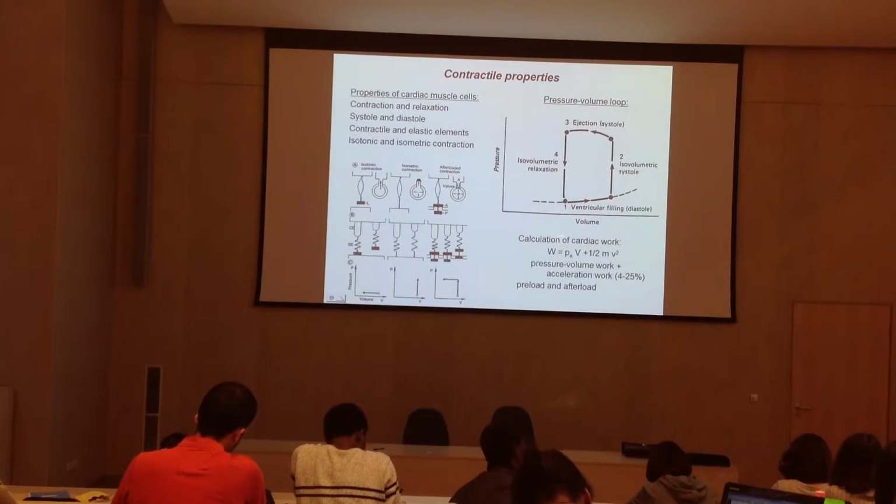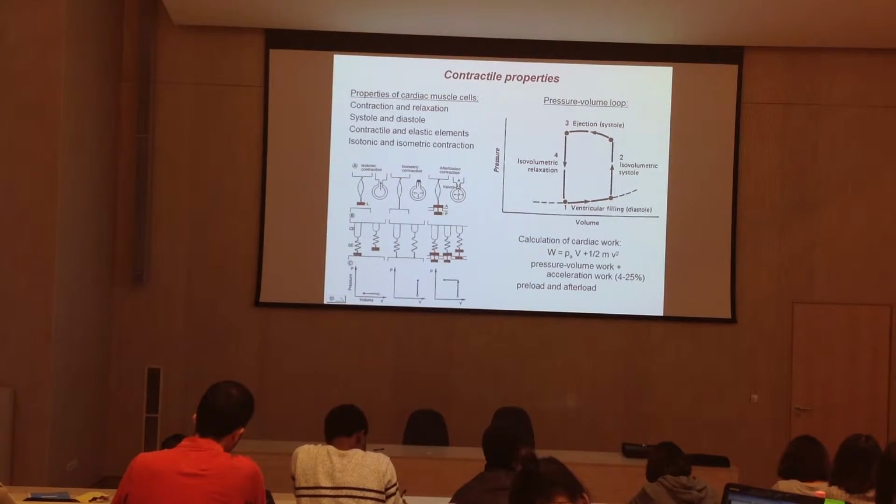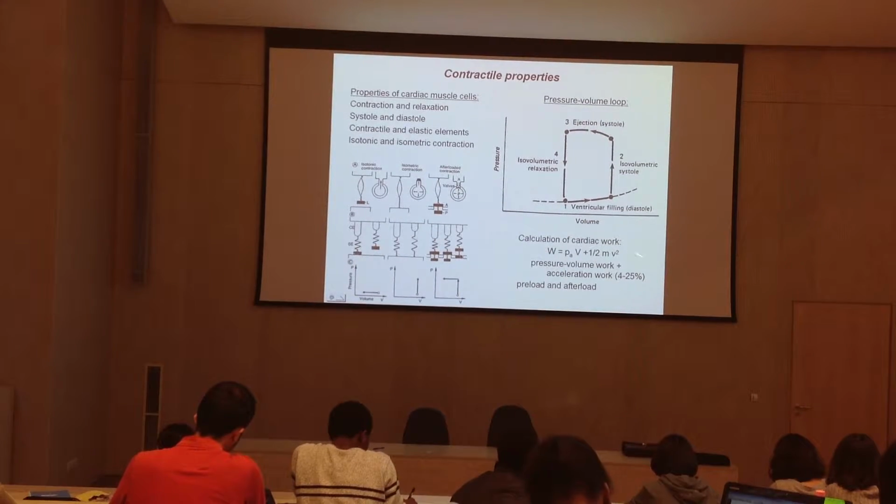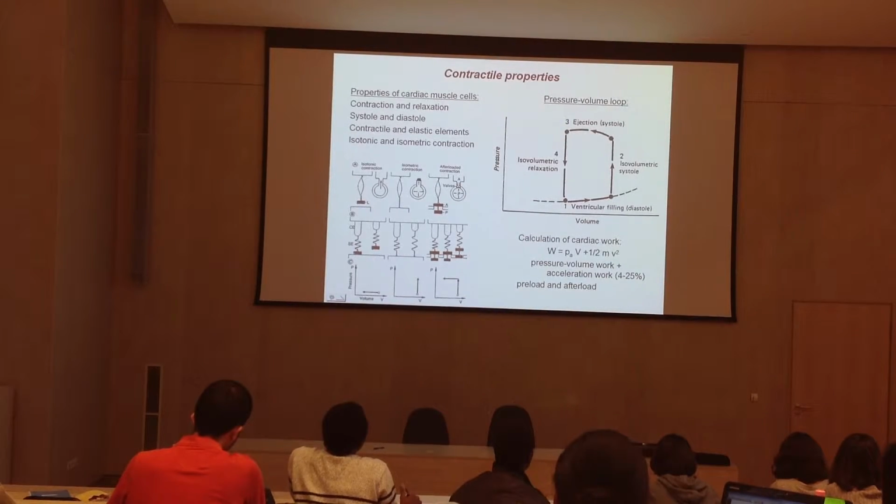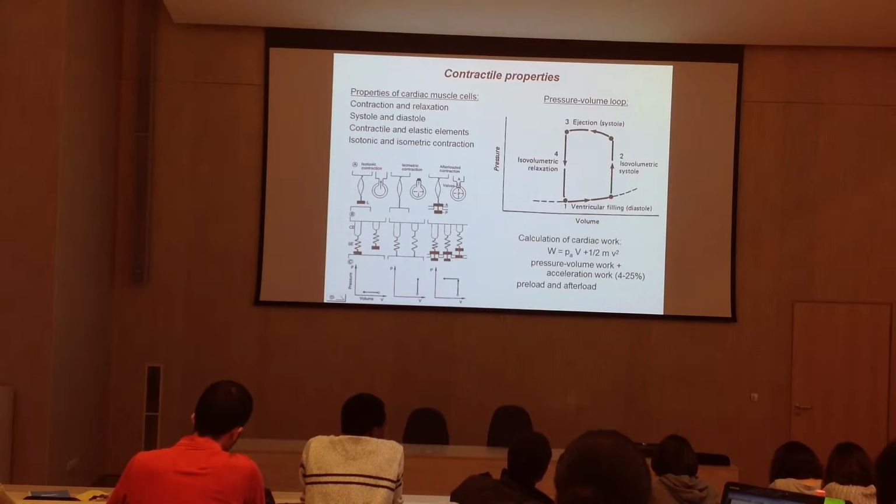So, this is the cardiac work. There are two components. This is the pressure volume component, and the second component is the acceleration work, which gives some velocity to the corpuscular element of the blood.